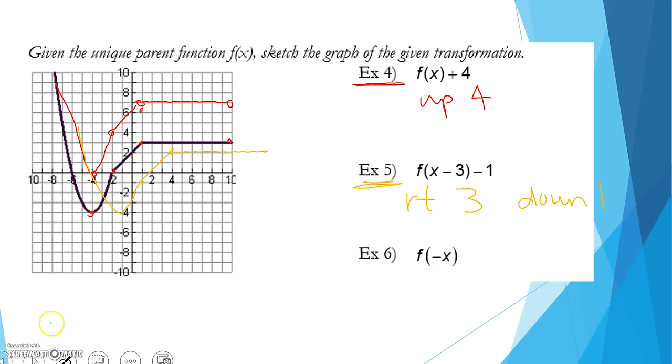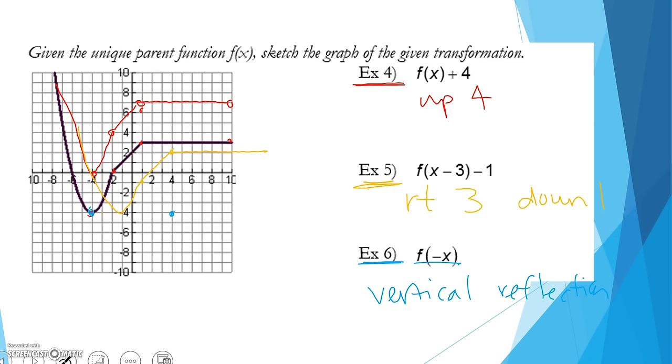All right, and then the last one right here has been reflected. How you want to do that is it's basically being reflected over the y-axis. So whatever point I have, if I'm looking at this point, if it is 4 away from the y-axis, I'm going to plot it 4 away on the other side.